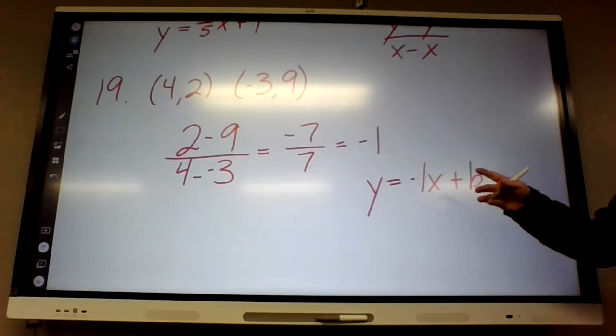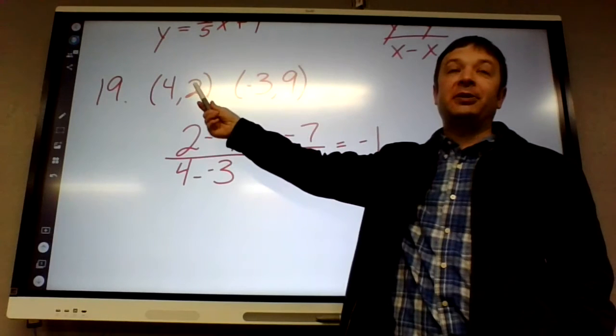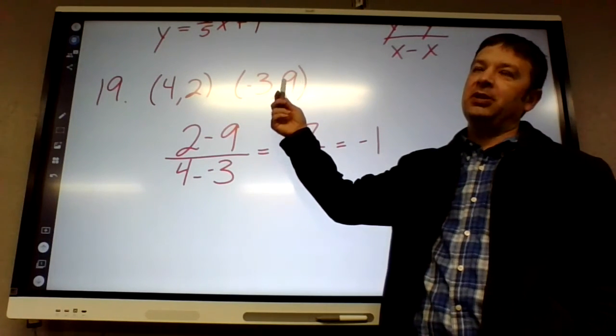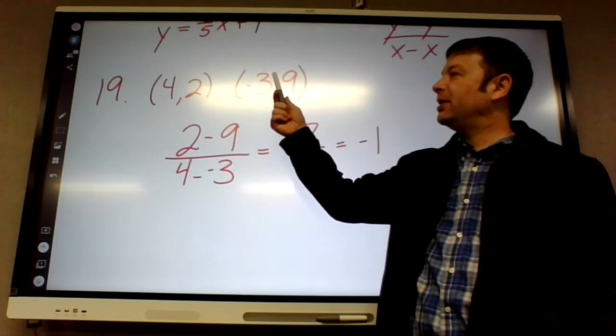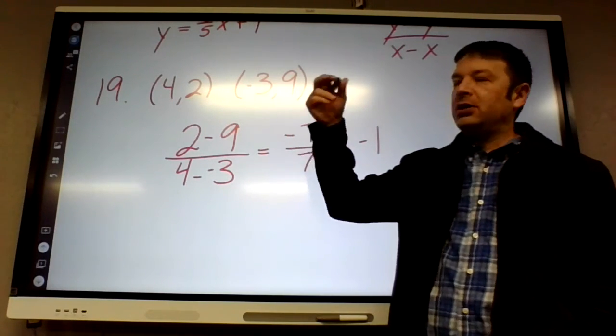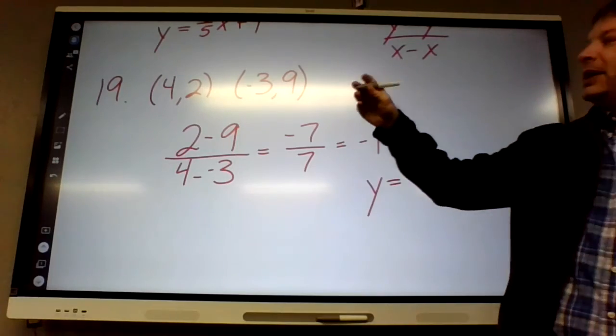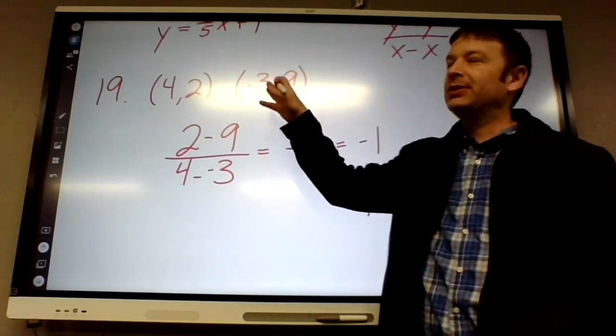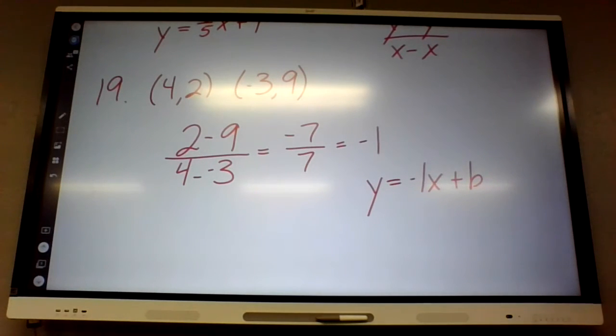Plug in an x and y just like we were doing. Which one do I plug in? I would choose the 2, 9 because it's positive. There's no 2, 9. Well, 4, 2. You actually can choose either of these. Both of those should give you the exact same answer if you do it right.